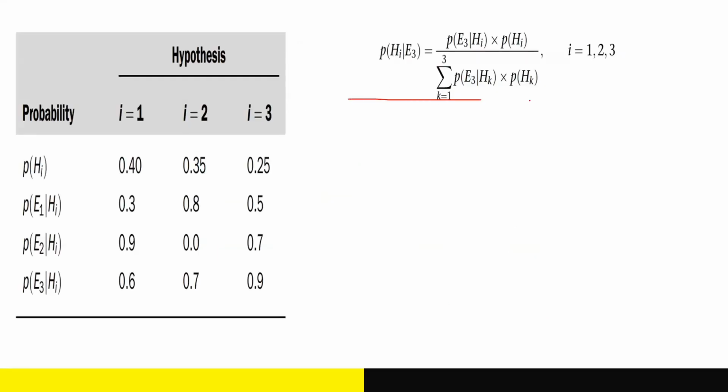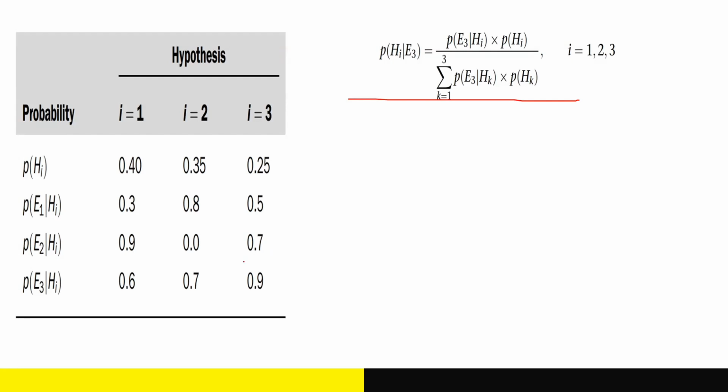The probability of hypothesis i given evidence 3 is equal to the probability of evidence 3 given hypothesis i multiplied by the probability of hypothesis i, divided by the sum of the products of the probability of evidence E3 given hypothesis k multiplied by the probability of hypothesis k, where k is a variable used to index the different hypotheses, from 1 up to 3. The 3 above the summation symbol indicates the upper limit, or the number of terms we are summing. So i is equal to 1, 2, and 3.